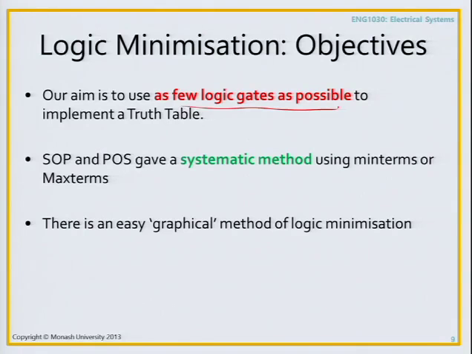The sum of products and products of sum have given us a systematic method using min terms or max terms to give you a circuit, but it's not necessarily, and often is not, the most efficient and uses the fewest logic gates. Here's the standard way we minimize the number of gates used after we've come up with a sum of products or products of sums implementation.